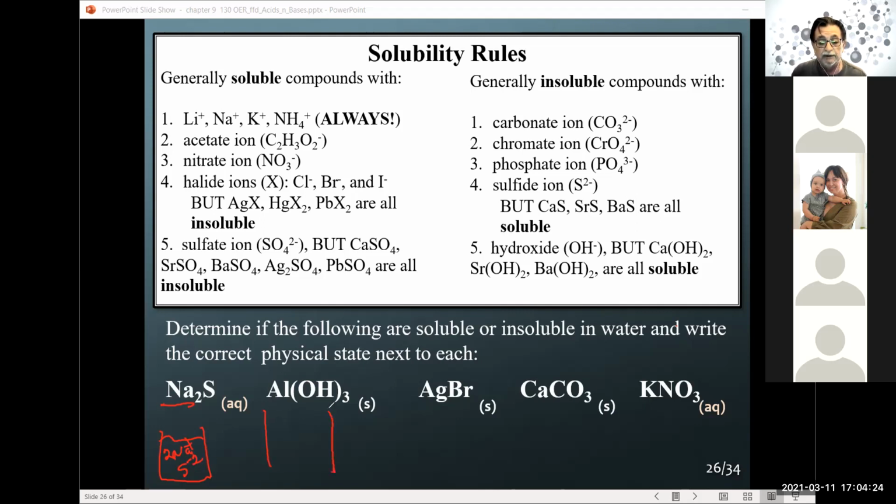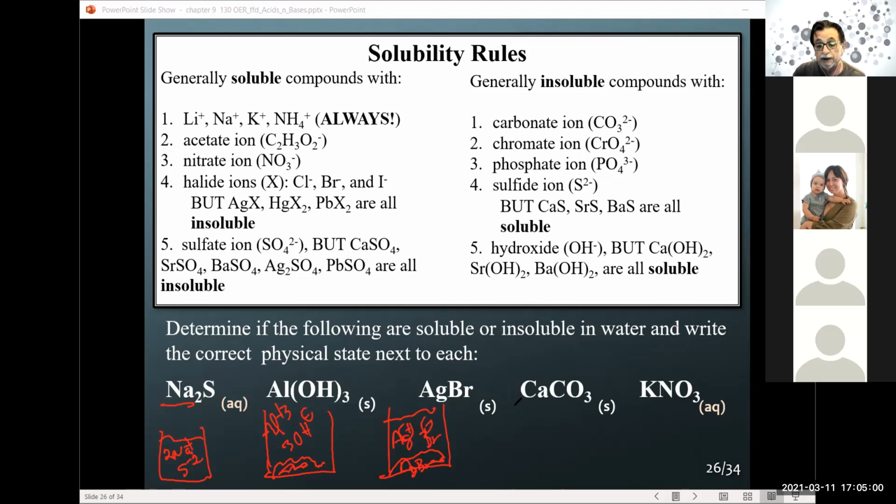Aluminum hydroxide, I would have a little chunk of aluminum hydroxide down at the bottom, and then I would have my aluminum ion and my 3 hydroxides in solution. My silver bromide, which is insoluble, if I need to draw this in water, at the bottom, it'd be a big chunk of silver bromide together intact. But then I would draw at least 1 set of ions in solution.